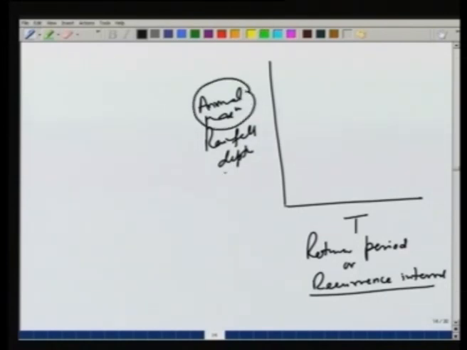So, rainfall depth may be daily, and if we plot the curve, the return period may be 1, 10, 100, 1000 years, and the rainfall depth here may be in centimeters. We may plot 0, 10, 20.